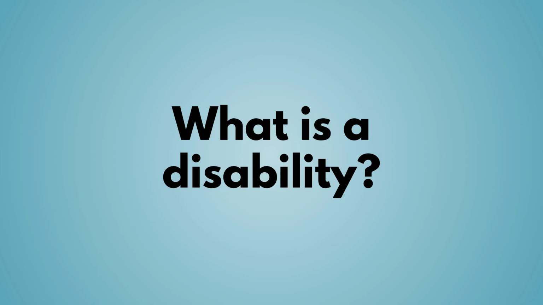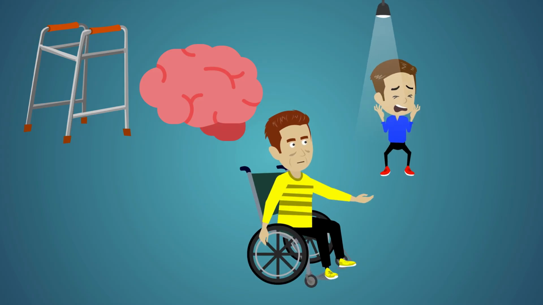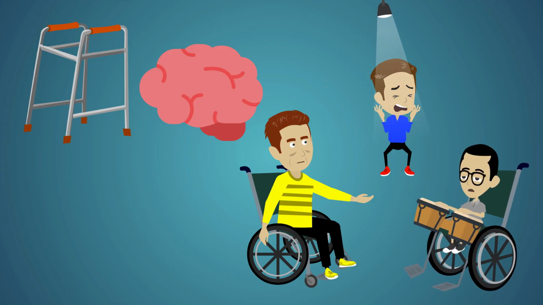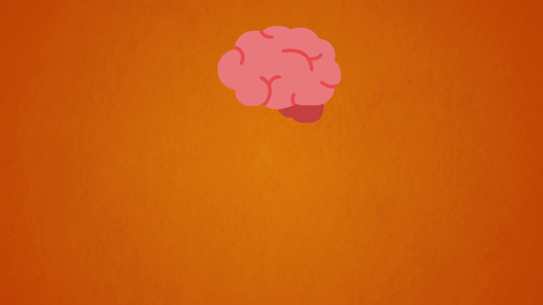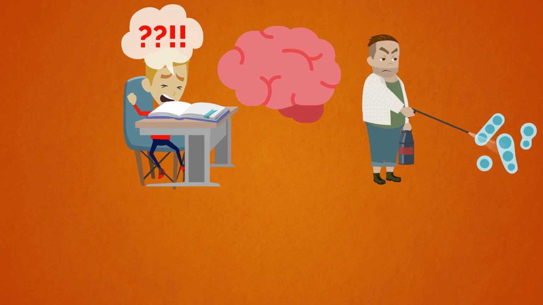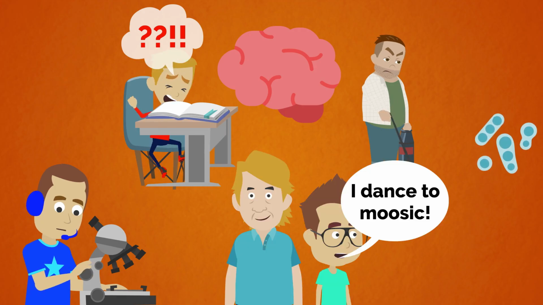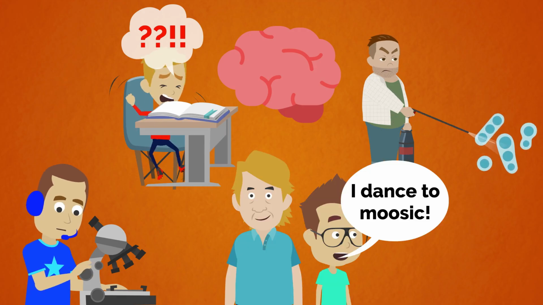What is a disability? A disability is a physical or mental condition that limits a person's movements, senses, or activities. Examples of mental or intellectual disabilities include ADHD, OCD, autism, Down syndrome, and speech impairments.